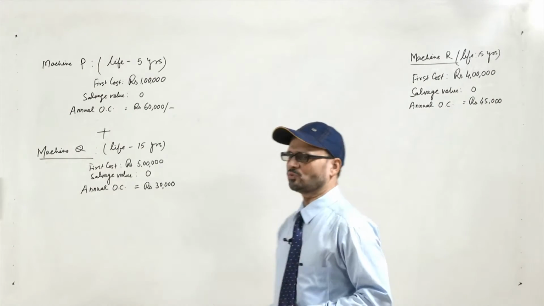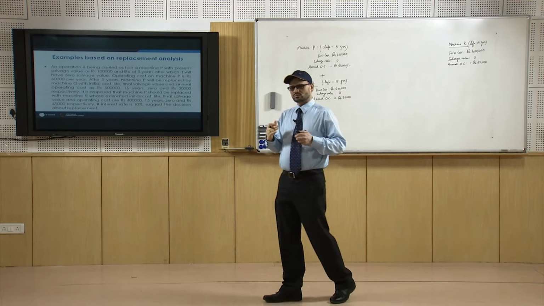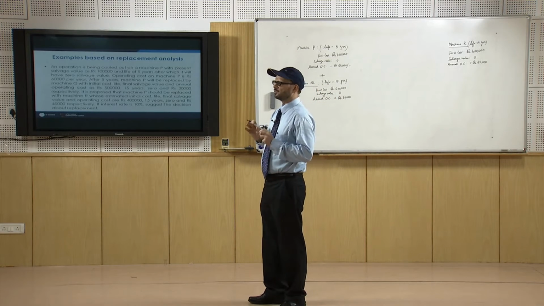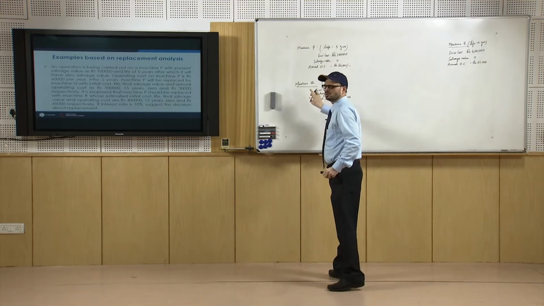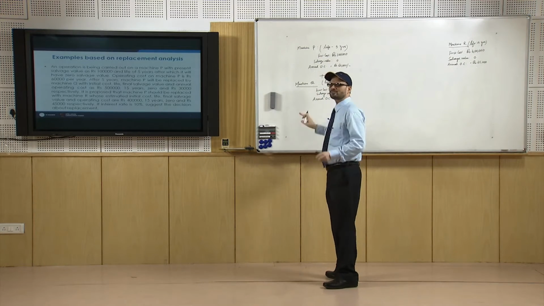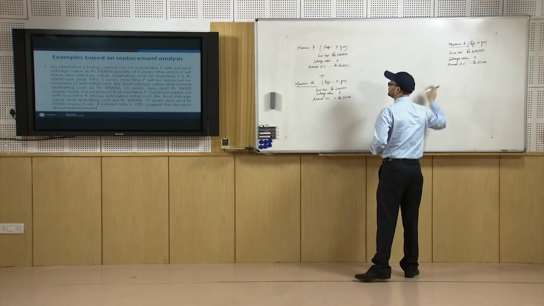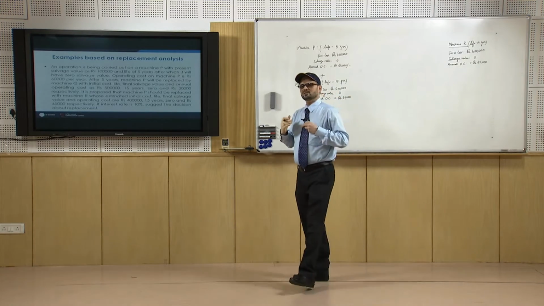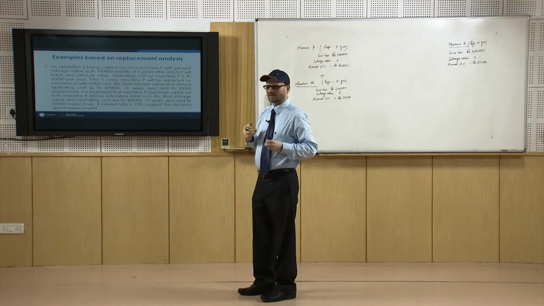So, now the question is what should be the decision, whether to go for machine P plus Q, where Q will be coming after 5 years, or we should go with machine R, so that you can use machine R from today itself.